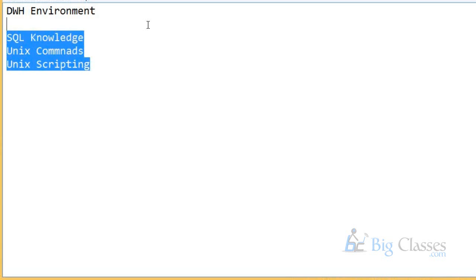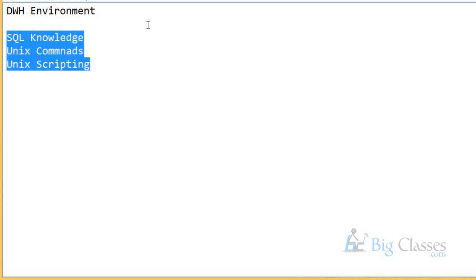The prerequisite for learning Informatica is that you should have very good SQL knowledge, and you should have good knowledge of Unix commands and even Unix scripting. These are the 3 prerequisites that you should have.